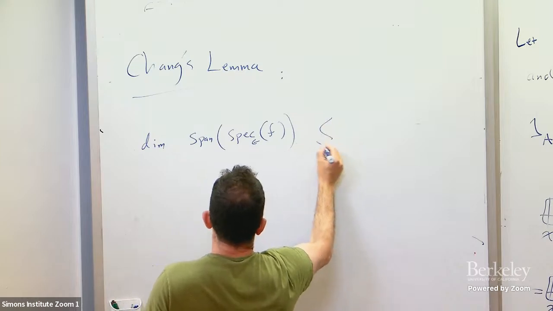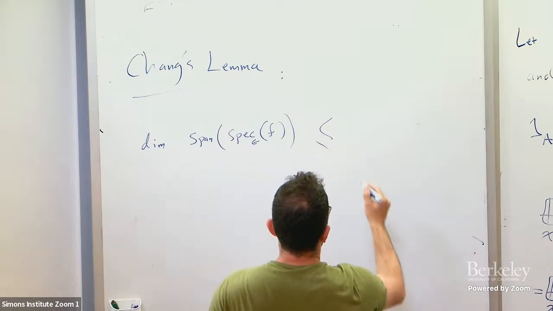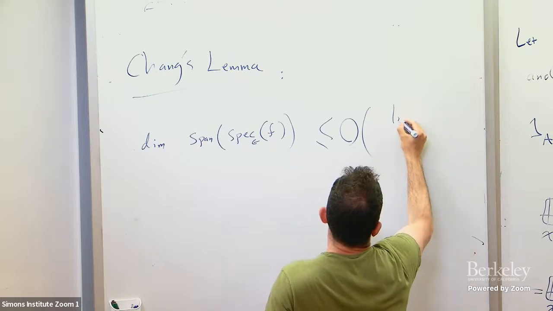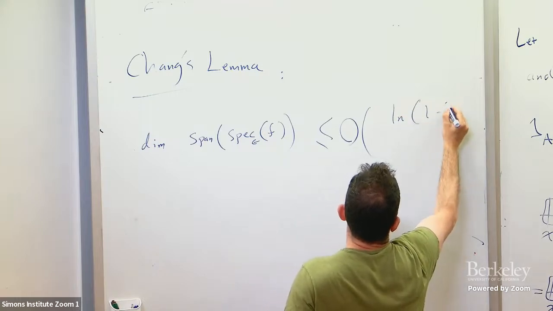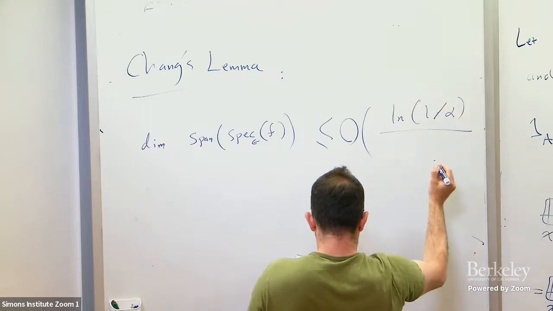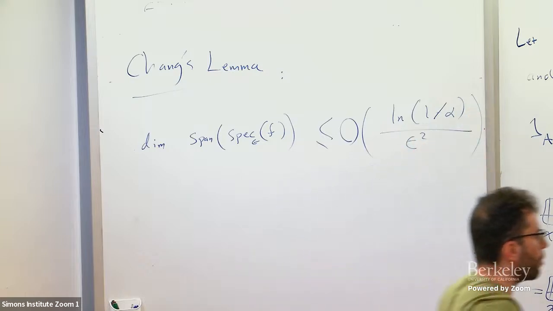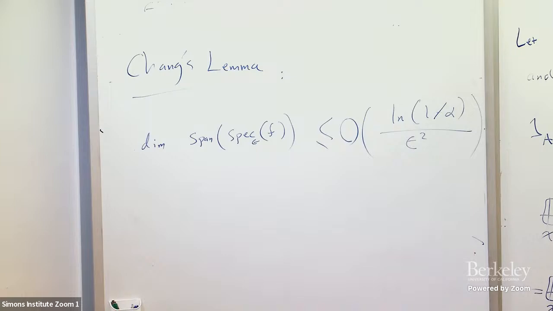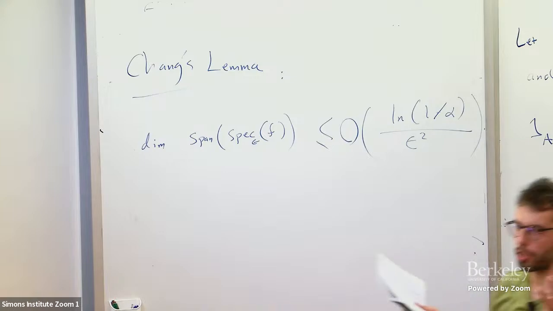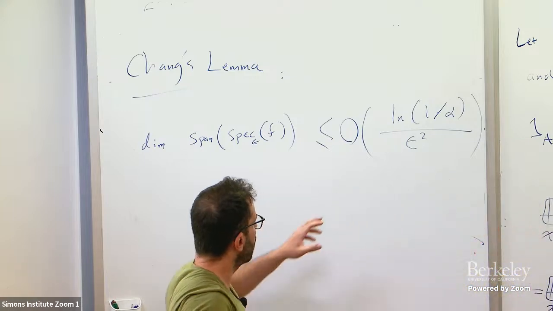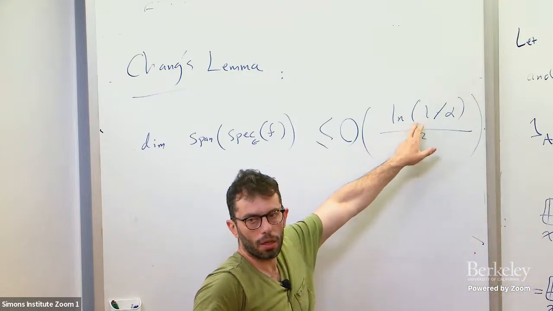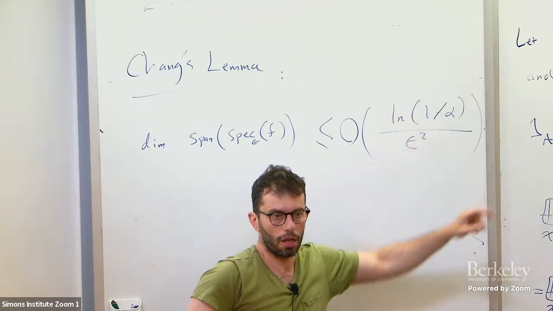This is at most log of 1 over alpha times epsilon squared. So even though the size of the set is related in terms of alpha, it's like 1 over alpha, in terms of dimension, it lives in a lower dimension space. So the dependency you're going to get is log.